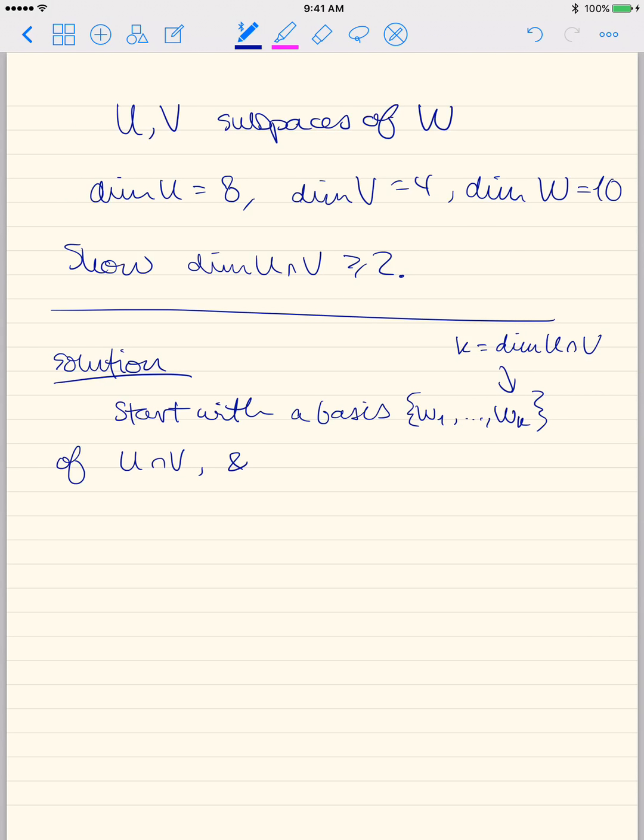And then grab something that's not in the span of that and add it on until you have 8 total vectors. That would give you a basis of U. But we learned in class that you can always extend a linearly independent set to a basis. This W1 up to WK is linearly independent because it is already a basis of this smaller space. So we can extend it.